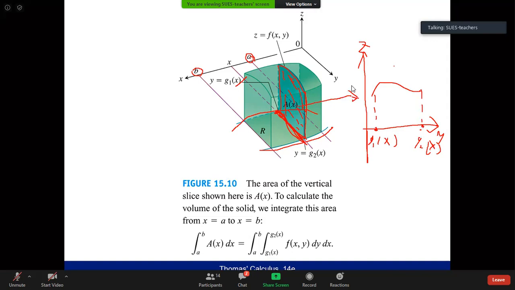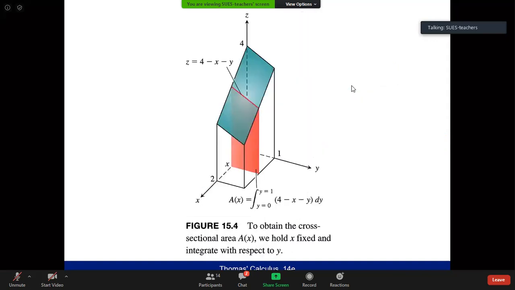Okay, now going back to the rectangular area. If we look from the XOZ plane, for a specific x we know what the area is, because the region of y is not depending on x.